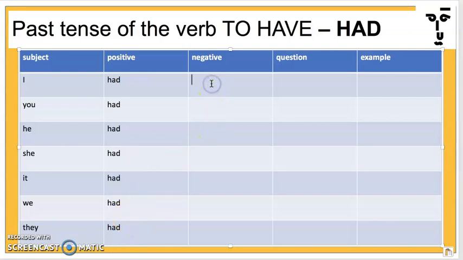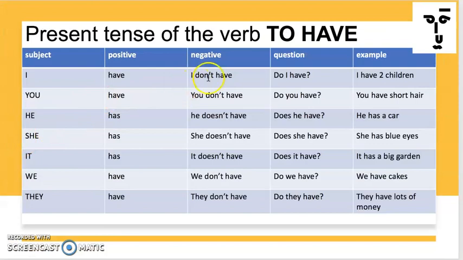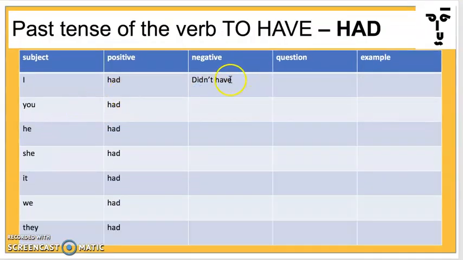And in the negative, just like we have done before, instead of I don't have, the present, we have I didn't have. And what we're doing here is we're not changing the verb, we are changing the negative. So remember, in our present it was I don't have, and in our past it's I didn't have.